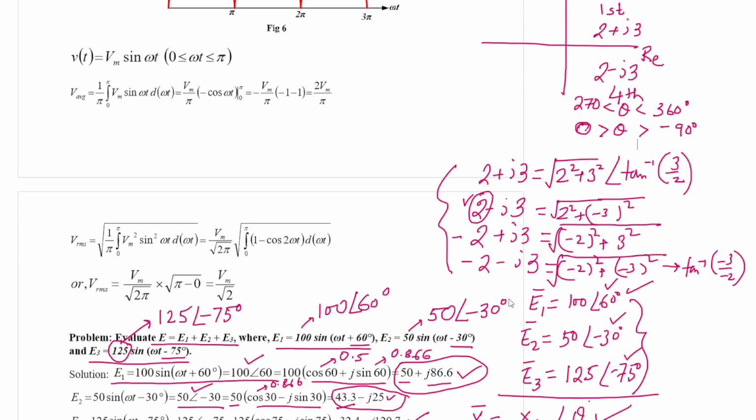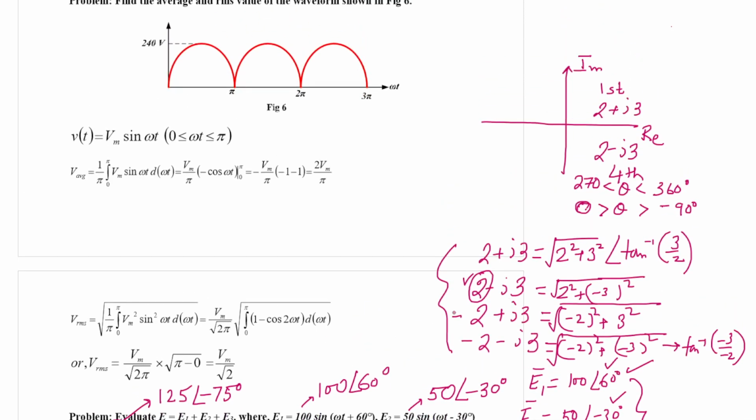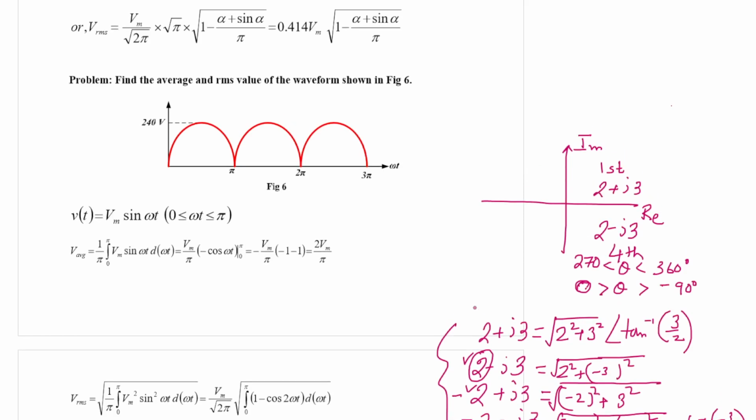Now if you consider the third one, minus 2 plus j3, its real part is negative but imaginary part is positive, so it stays in the second quadrant. So its evaluated angle should lie in this region: 180 greater than theta greater than 90. So it stays between 90 and 180.